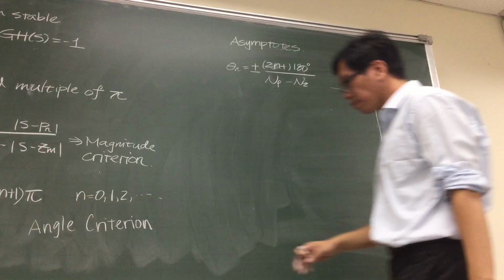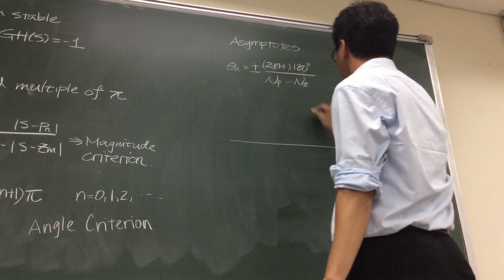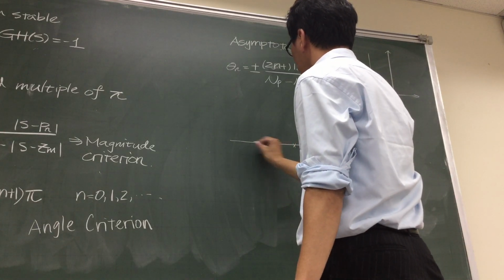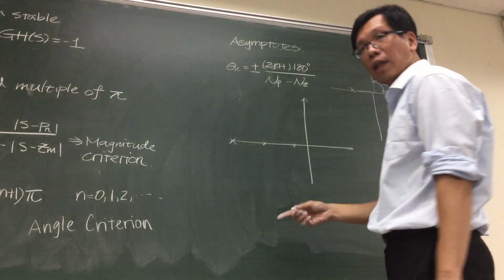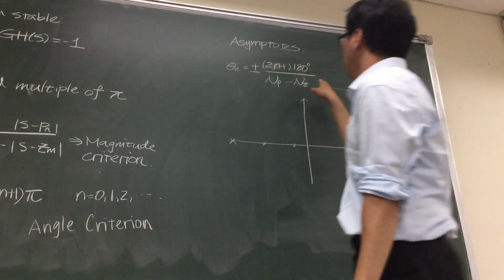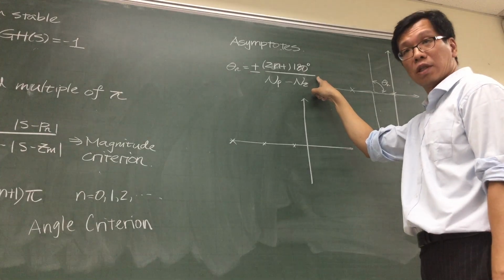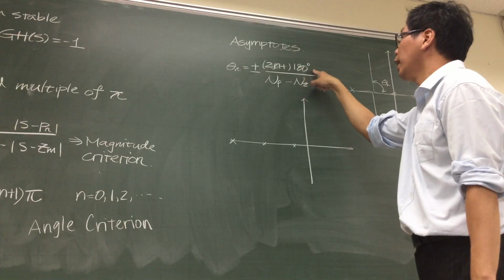Which means if I have 3 poles, what are you going to get if you divide this? 60, 180, and negative 60. Or you divide 180 by 3.